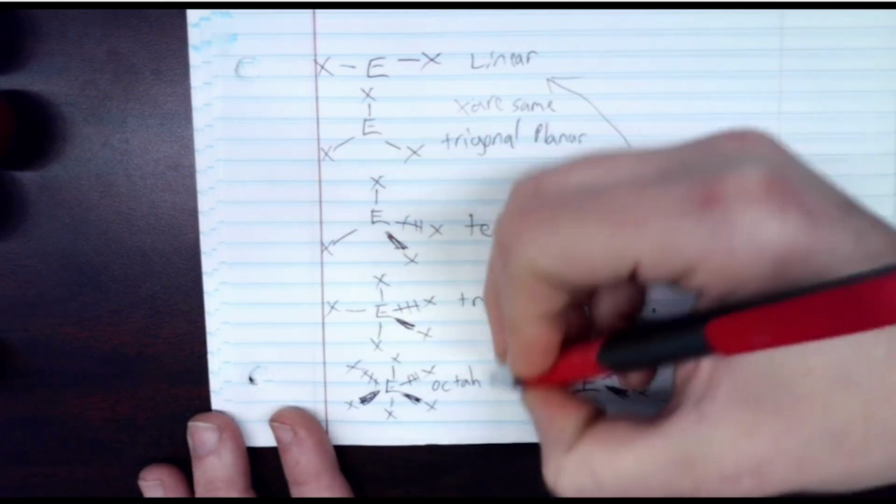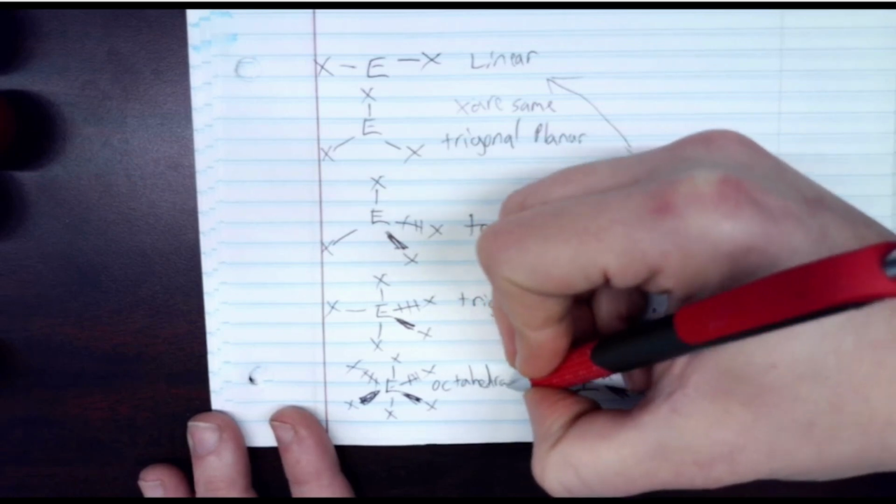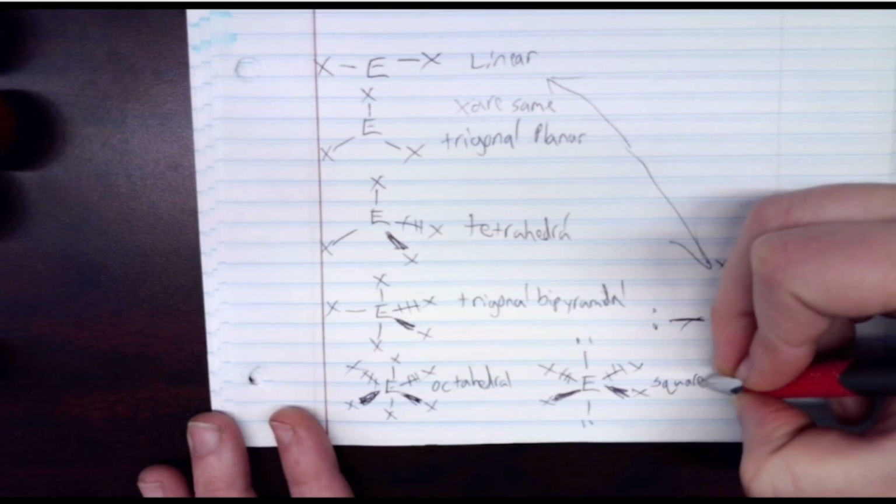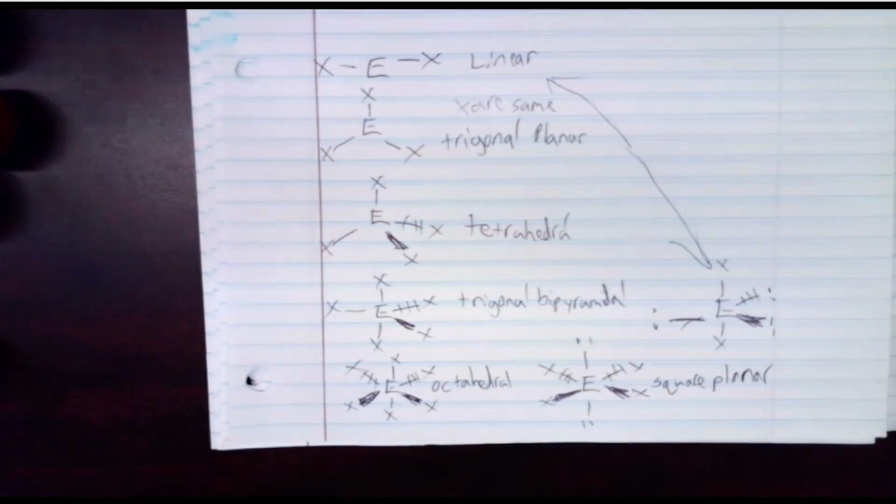Those are our base ones, octahedral, and square planar. If all of the x's are the same, if they're all the same, these guys can never, ever be polar.